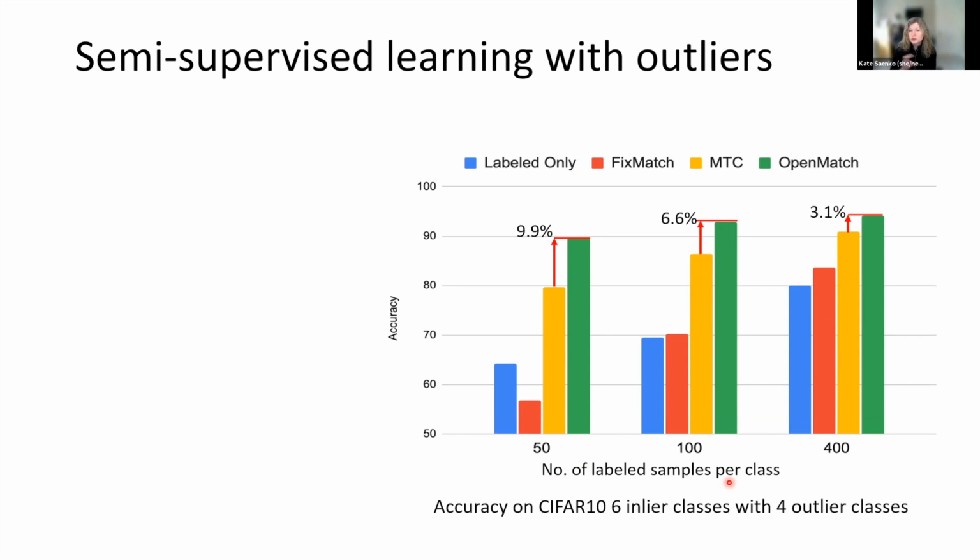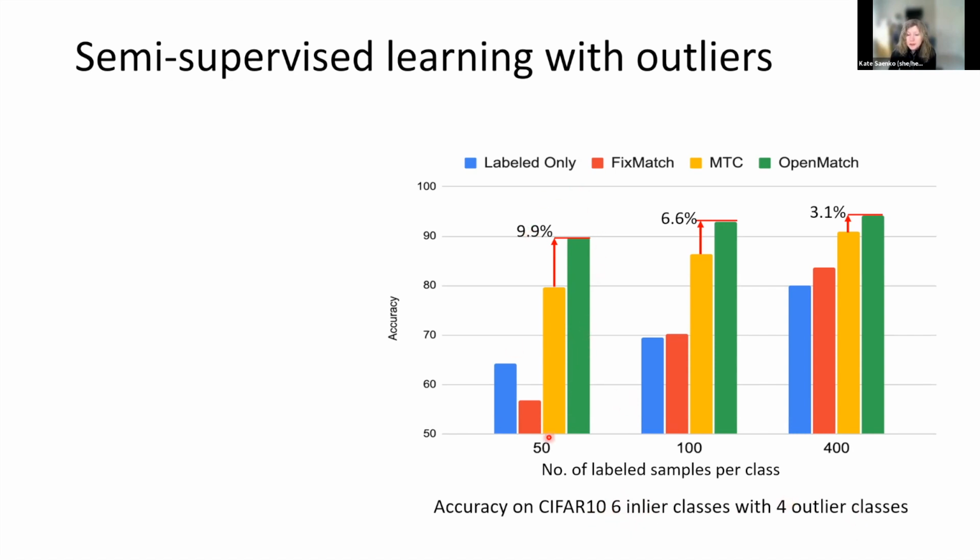These are known classes, right? It's 50, 100, 400. For each one, we compare training only on labeled data, so for example only on 50 labeled samples per class, not using any unlabeled data. And here our unlabeled data has some outlier classes. We split CIFAR-10, which has 10 categories, into 6 inlier and 4 outlier classes.